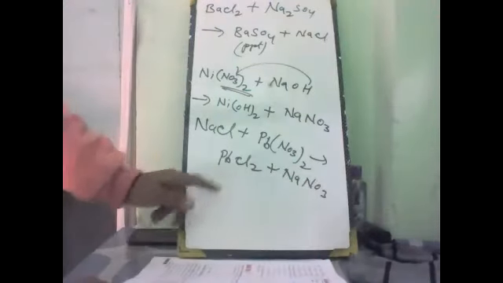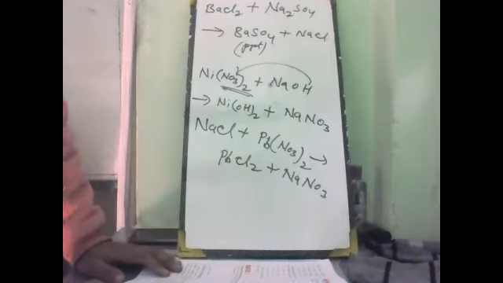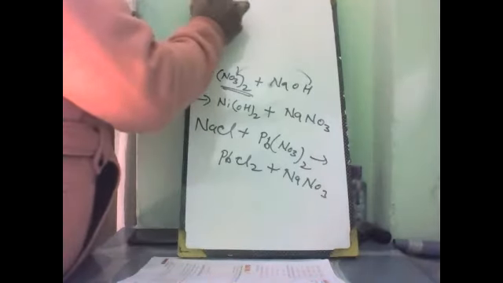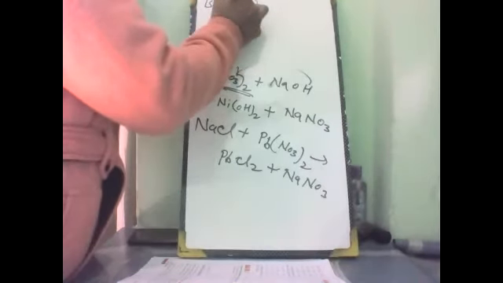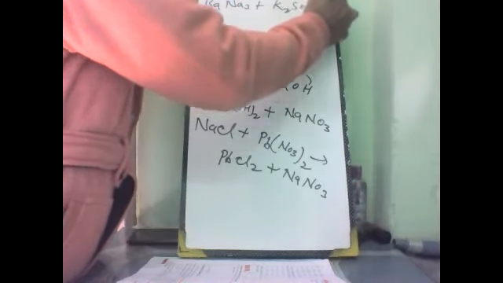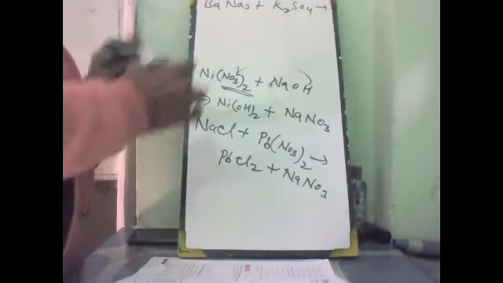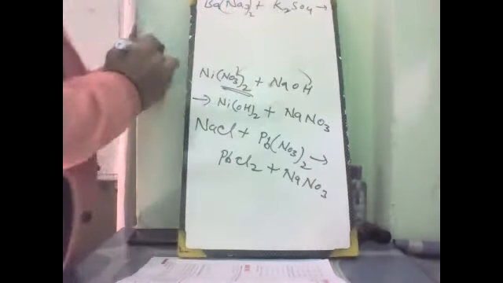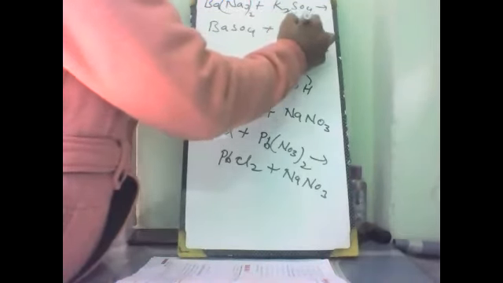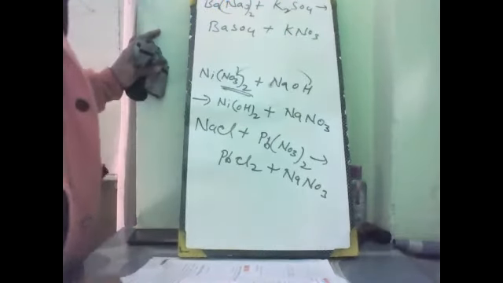Barium nitrate reacts with potassium sulfate, K2SO4. Now it changes into BaSO4 and KNO3. This is the reaction of double displacement.